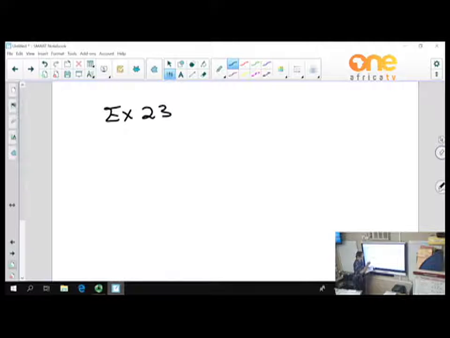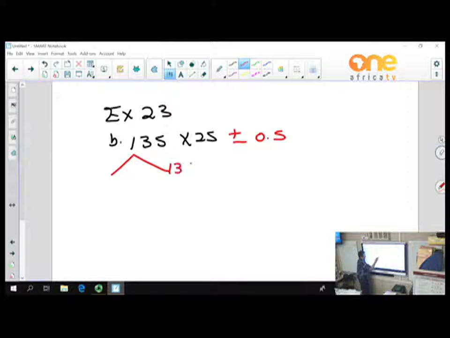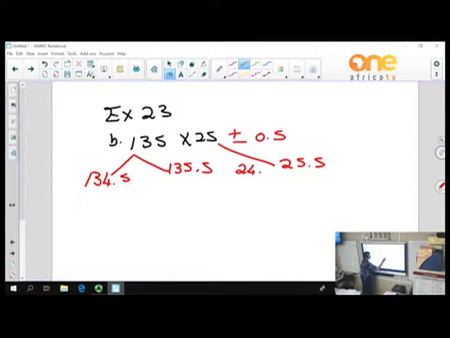So the first one was 13 and 19. Number B is now 135 times 25. So this is still to the nearest whole number, which means it will be plus or minus 0.5. So here it is 135.5 and 134.5. And this one is 25.5 and 24.5.